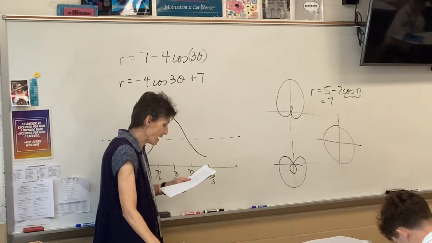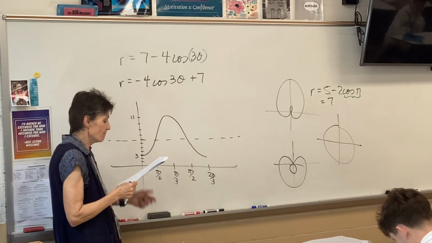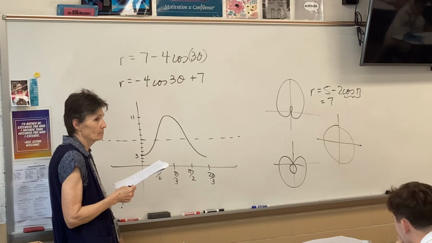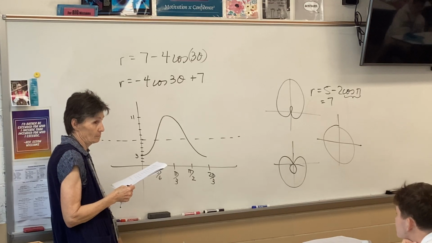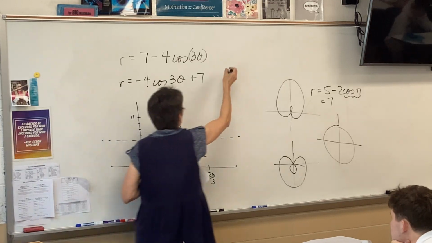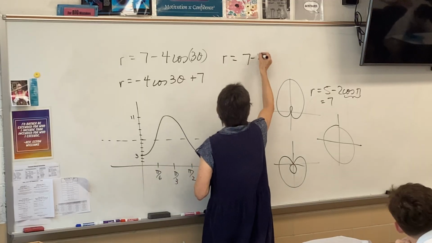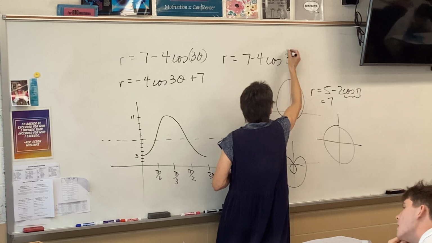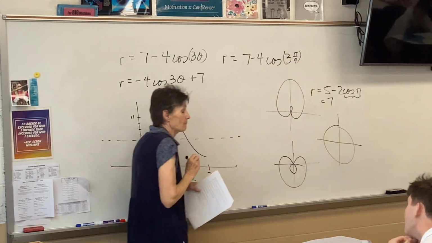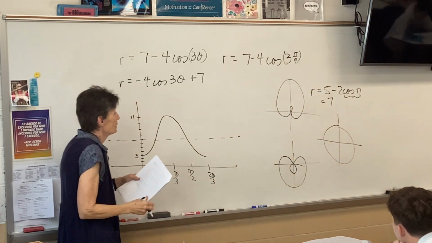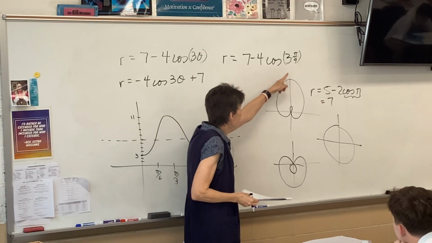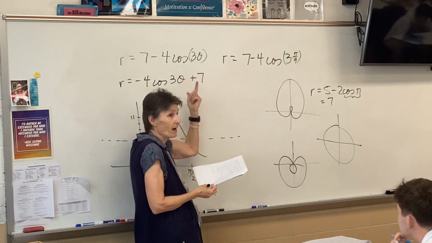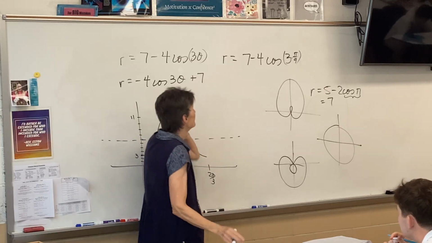The graph passes through the point 5 comma pi over 9. If we plug in pi over 9 into our equation, can we get 5? That's the question.